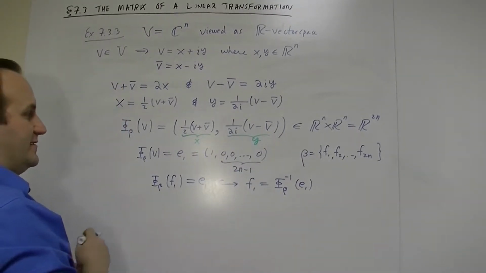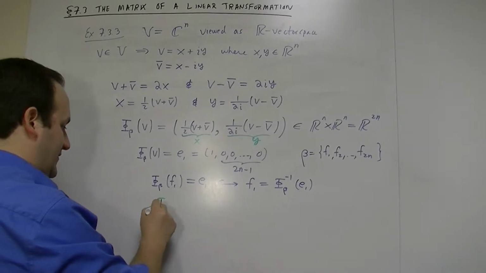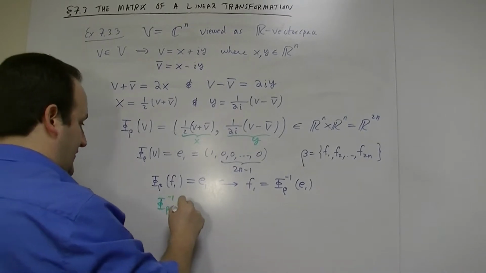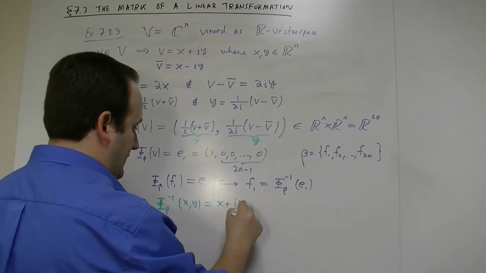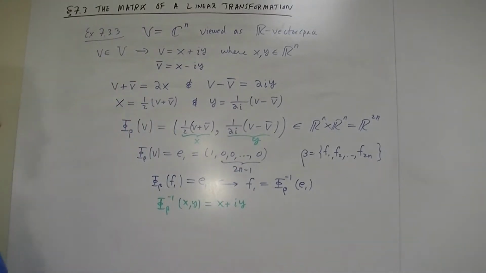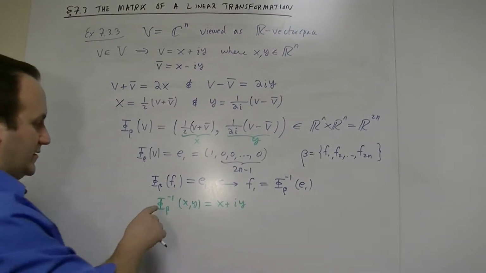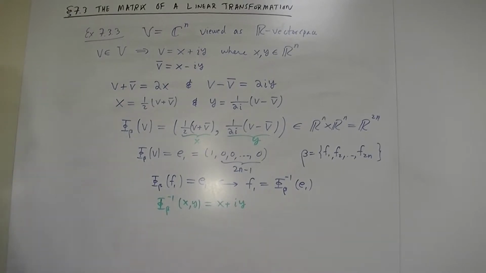So maybe phi beta inverse of (x, y) should be x plus iy. What do you think? I'm pretty sure that's what it should be, because that was how we constructed it. So that's actually the inverse mapping. You can check it out, take it for a spin. Compose phi beta with phi beta inverse, and you'll see that you get back where you started, and therefore it's the inverse. Won't go through that, it's not too exciting.